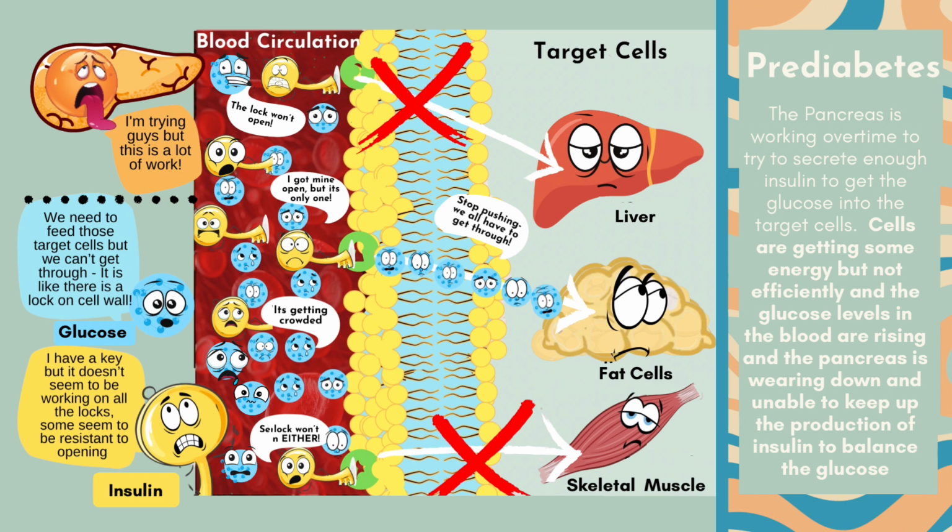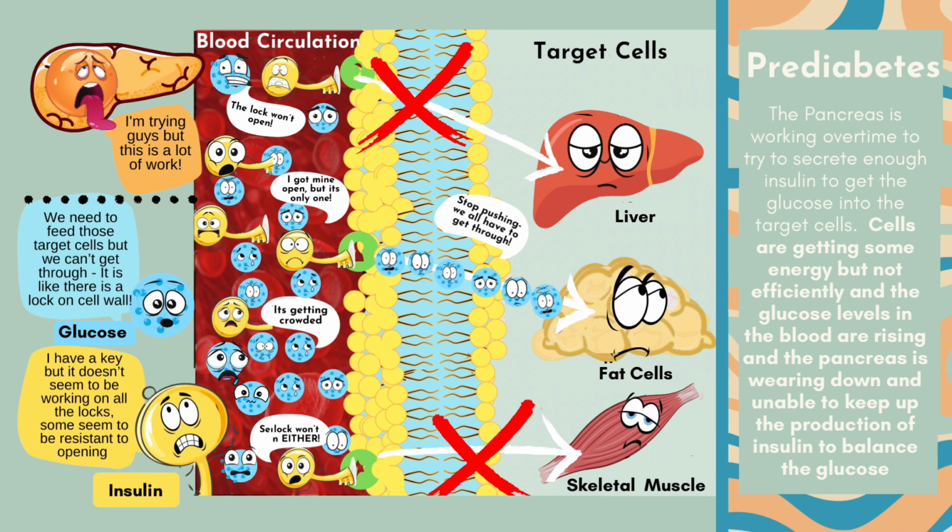All right, so this slide represents what is going on when we have the state of prediabetes. As you can see, in prediabetes, we've got a lot of keys hanging out, right? The keys are all there and the glucose is getting through, okay?